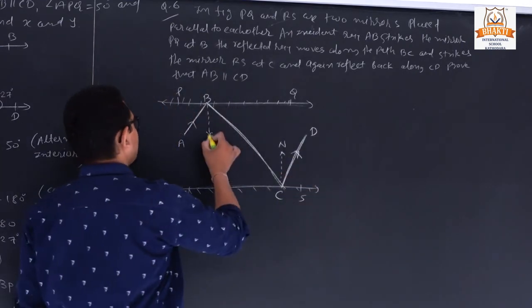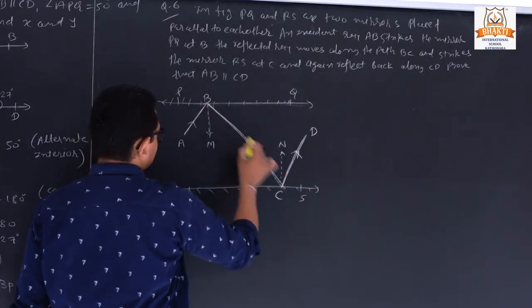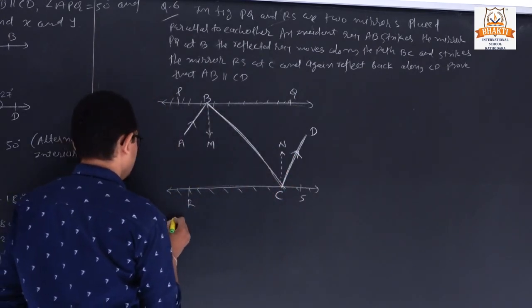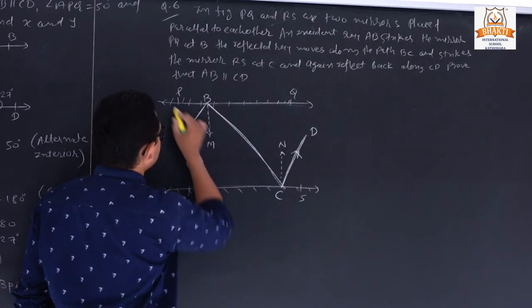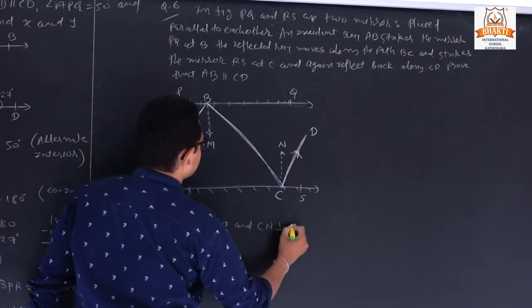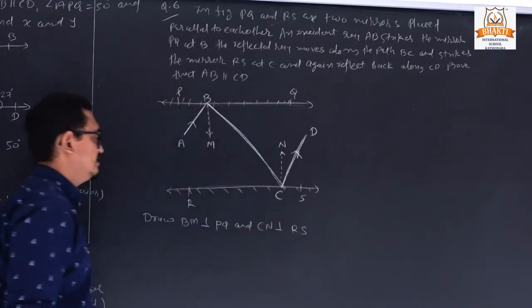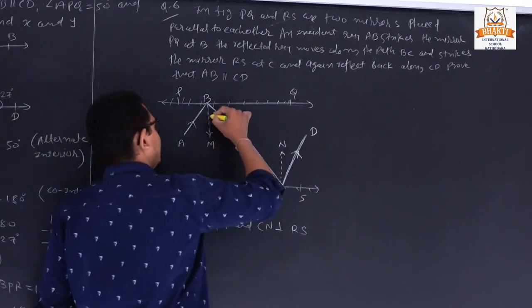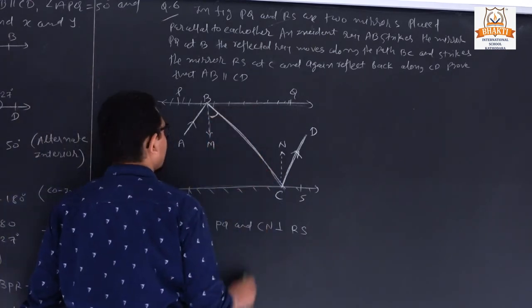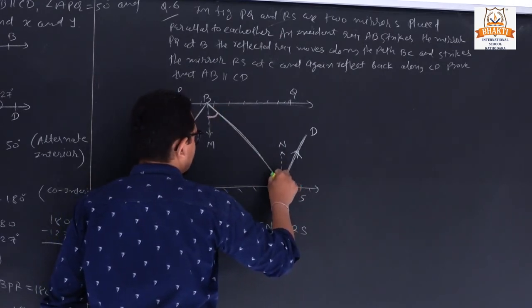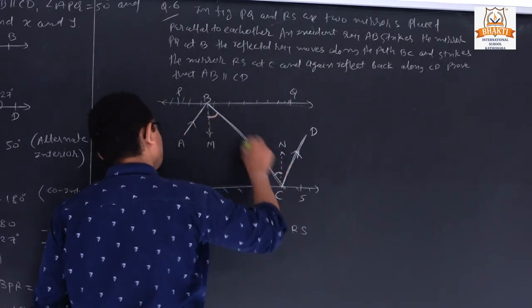So first of all I am drawing two perpendiculars, BM and CN. So draw BM perpendicular to PQ and CN perpendicular to RS. Now this angle, this and this angle, this is the same. Clear?